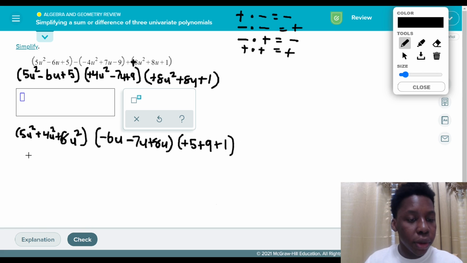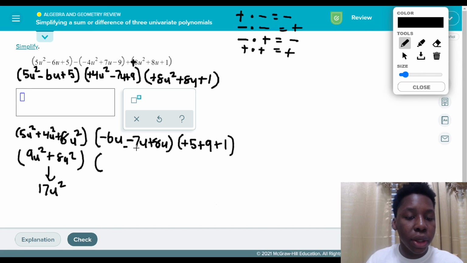The next step is to simplify each one of the brackets on its own. 5u squared plus 4u squared gives us 9u squared. 9u squared plus 8u squared equals 17u squared. The next one are the u's. Minus 6u minus 7u is minus 13u.